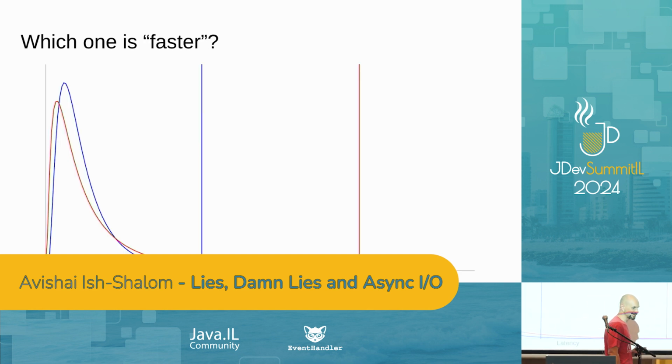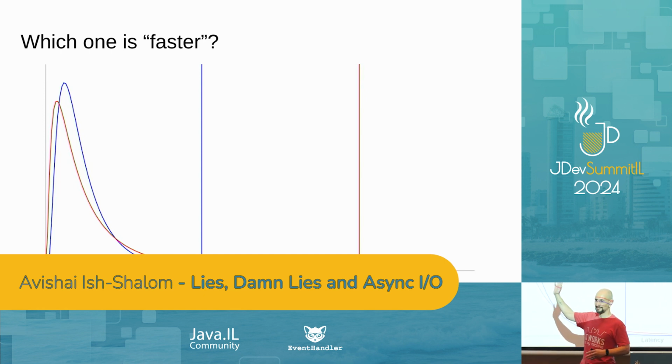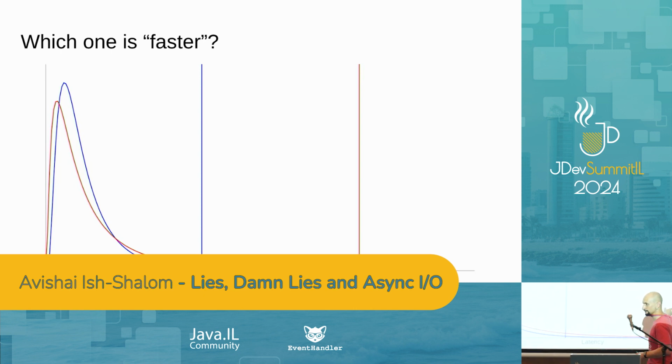So just to give you an example, those are two latency curves. Okay? This is like the histogram of the latency curve of two, actually the same server, okay, implemented in two ways. You have the red and the blue. And those lines here are the 99th percentile. Now, as you can see, the red curve has, well, the peak is slightly faster, the average is faster, but the 99th percentile is much higher.